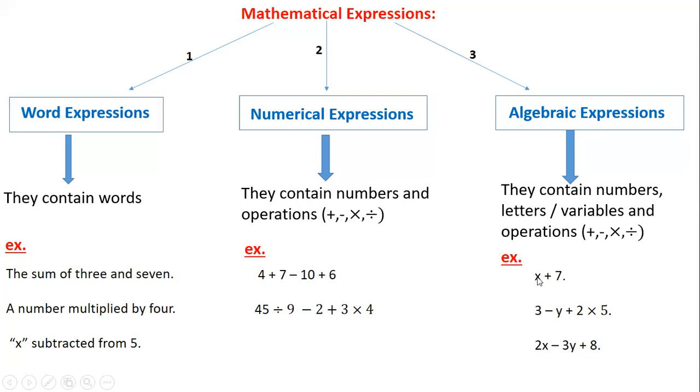X is a variable, plus is an operation, 7 is a number. 3 minus y plus 2 times 5. The variable is y. 2x minus 3y plus 8. X is a variable, y is a variable. So these are the three kinds of mathematical expressions: word expressions, numerical expressions, and algebraic expressions.